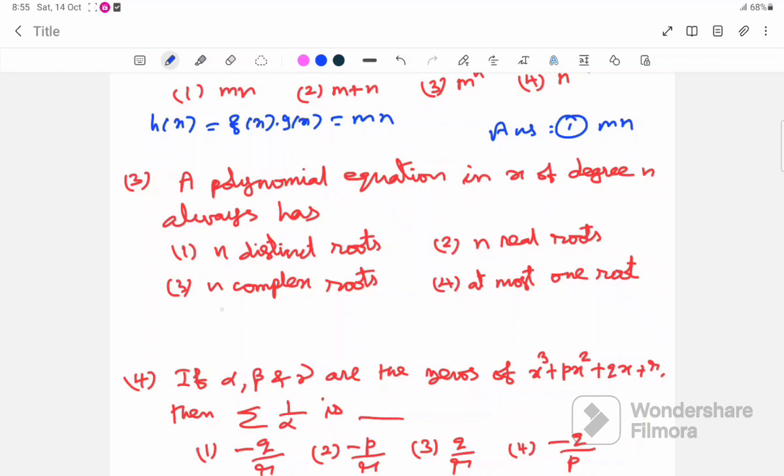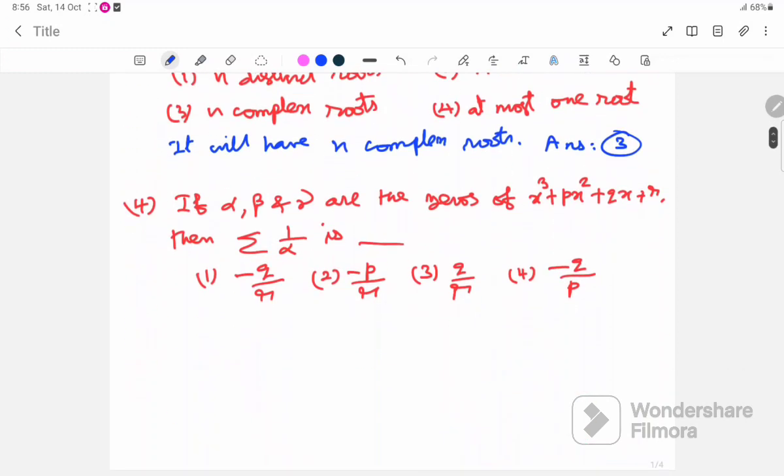Listen carefully, all the real roots are complex roots only. All the real roots can be called complex roots. So here, it will have n complex roots. So, option 3.